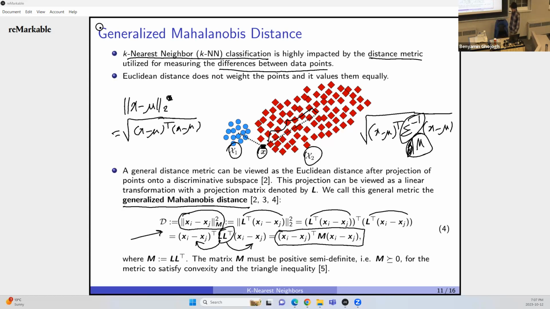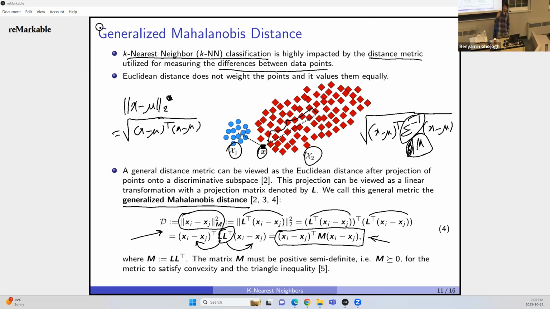We said that consider this squared Mahalanobis distance, generalized Mahalanobis distance. We said that Mahalanobis distance uses sigma inverse. Later, people generalized that and replaced the inverse of covariance with some matrix M, which needs to be positive semi-definite to satisfy convexity and triangle inequality, because it's a distance metric, right?